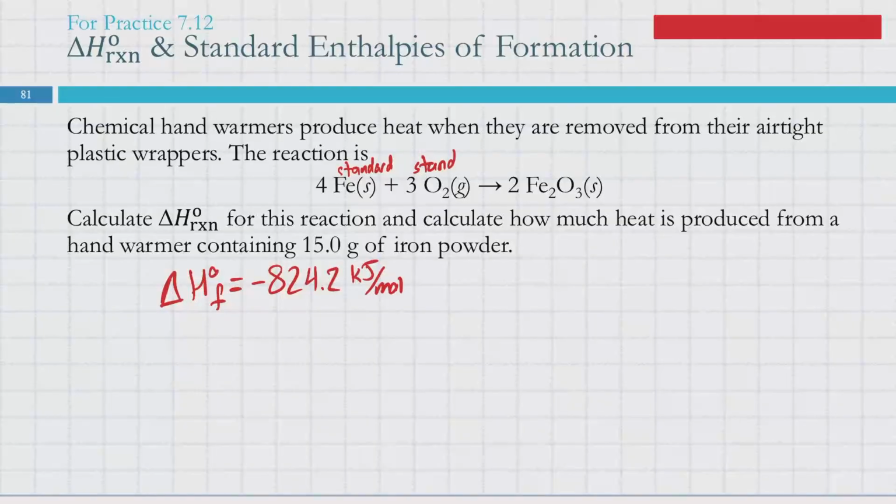Our iron and our oxygen are both in their standard states. So I'll give you a little bit of time to try that. Okay. So the place that we want to start. Any guesses?